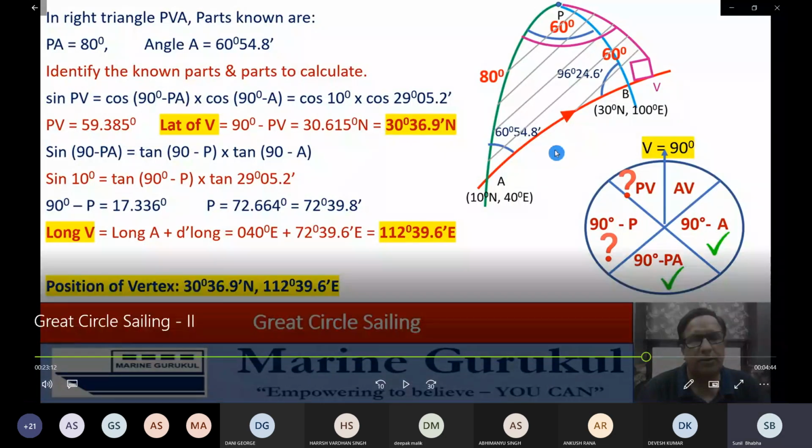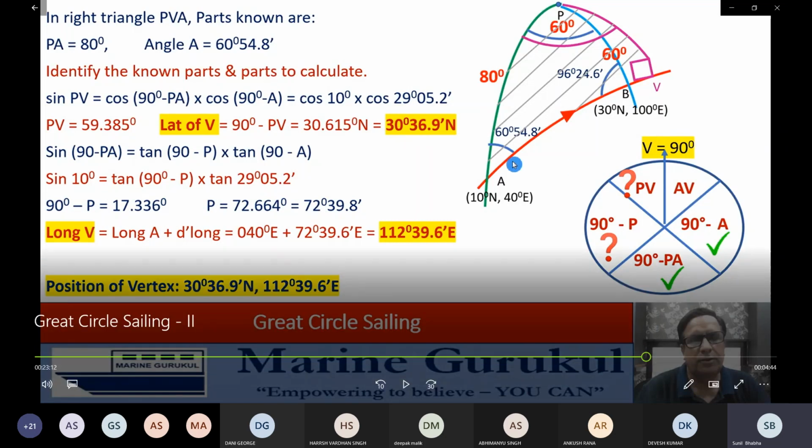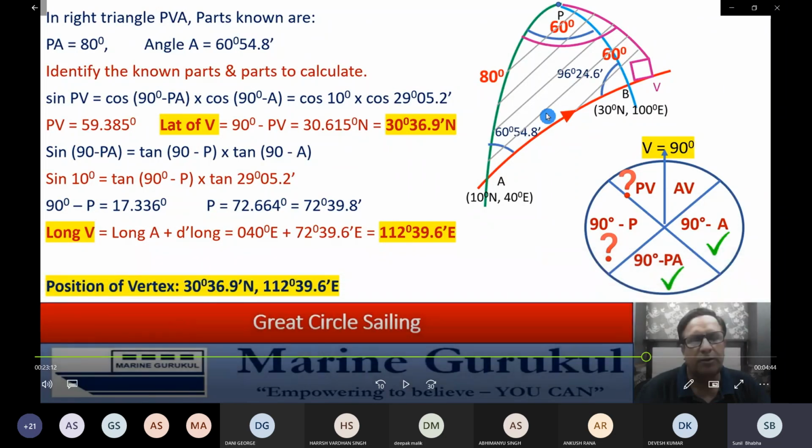One of them is, you know the longitude of A is 40 degrees. You know the longitude of position B is 100 degrees east. One way which they can ask you the intermediate points is, they will tell you, find out the intermediate positions at every 10 degrees of D long.